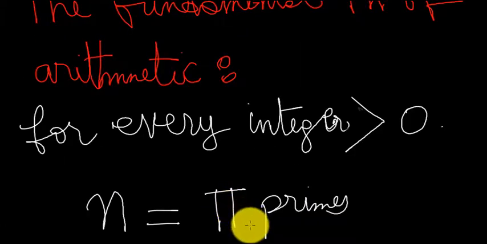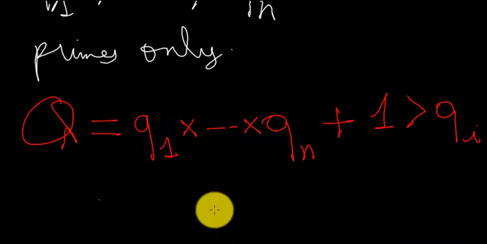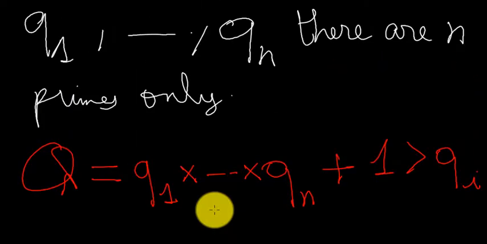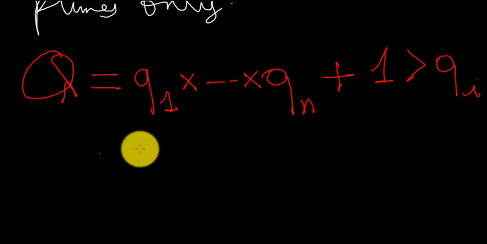So it has a prime divisor, which is not equal to Q, because Q is not a prime, and which is not equal to 1, because 1 is not a prime. Since there's a finite amount of primes, which are Q1 to Qn, Q must be divided by one of these Q's.